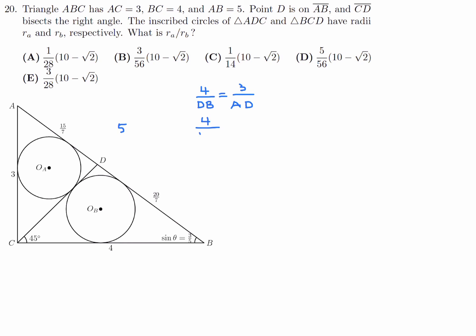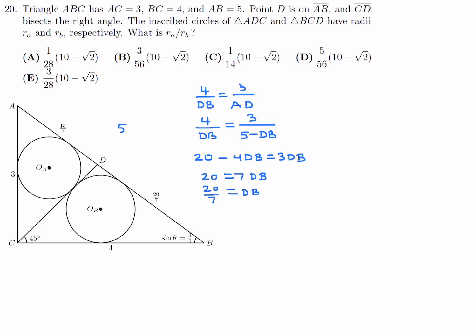So instead of 4 over DB is equal to 3 over AD, I can write 3 over 5 minus DB, like that. Okay? And if you cross multiply, you get 20 minus 4 DB is equal to 3 DB. And therefore 20 is equal to 7 DB, and therefore DB is equal to 20 over 7. And there we go. That's why we have 20 over 7 there.